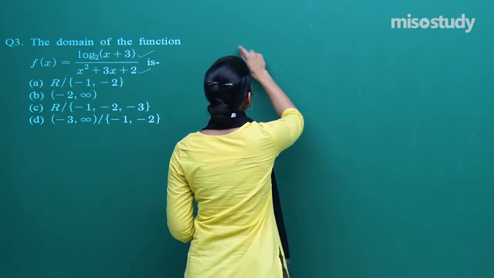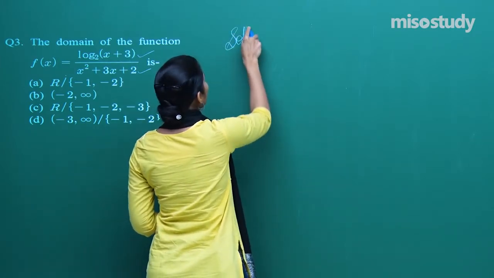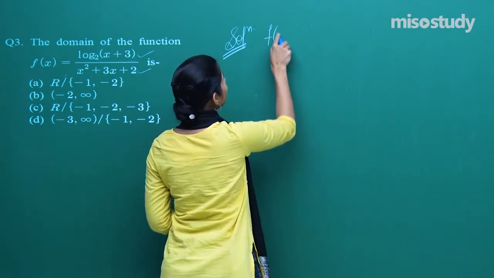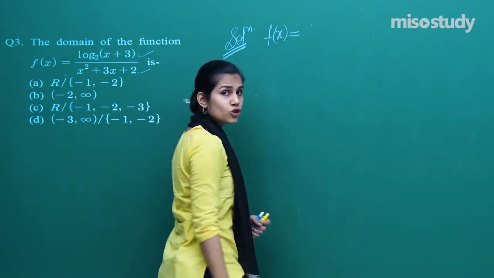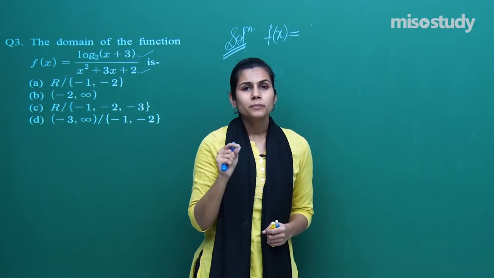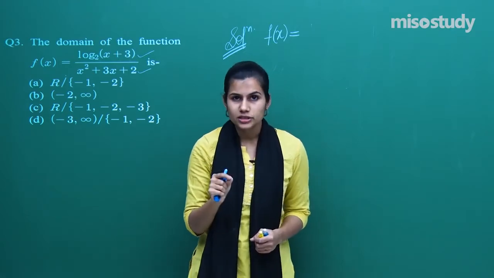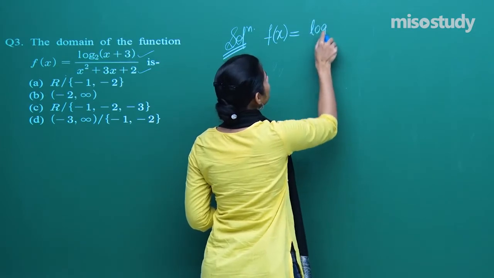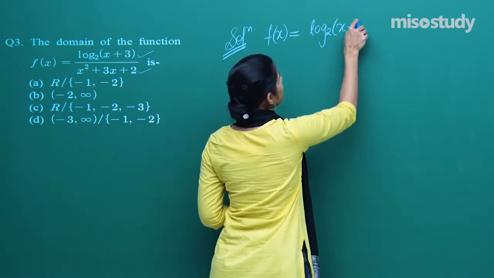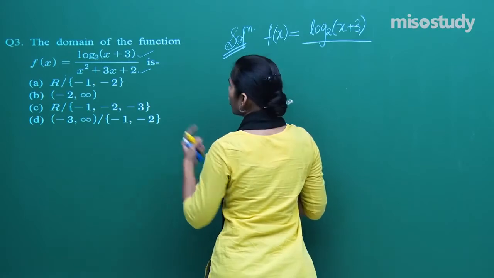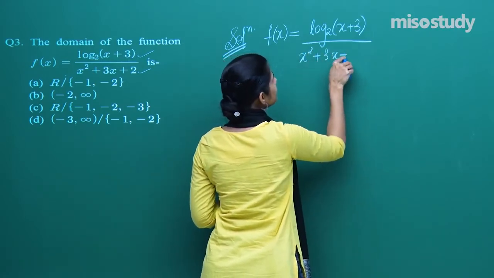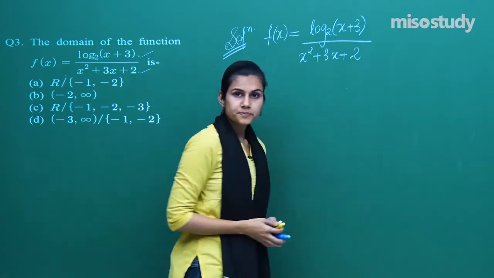Now if you remember, while confronting many of the rational expressions in the chapter functions, I told you where the problem comes in. Over here I have log to the base 2 of (x plus 3) whole upon x square plus 3x plus 2.